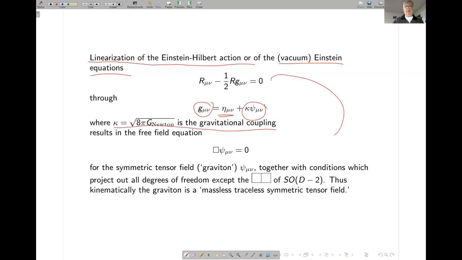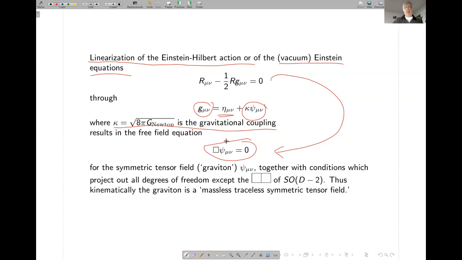And if we expand the vacuum Einstein equations to leading order, then we see that this fluctuation satisfies the wave equation in each component, provided that, like for the photon, we impose certain gauge conditions to simplify. So there's an analog of the Lorentz gauge for gravity. It's variously called Einstein or de Donder or Weyl gauge, and has probably 2 or 3 other names too.